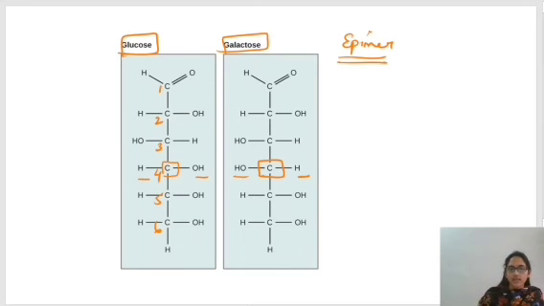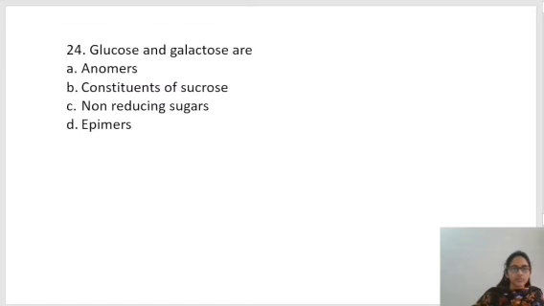So glucose and galactose can be called C4 epimers. The penultimate carbon atom is the last but one carbon atom. So other than the penultimate carbon atom, if the orientation of H and OH along any one of the carbon atoms is different, then that is an epimer. So glucose and galactose are epimers. So the answer for this is epimer.